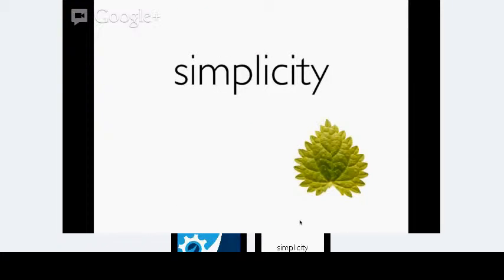So the next point is simplicity. And this is a value that, I think, is on top of all other values when thinking about writing code for the library and everything else.